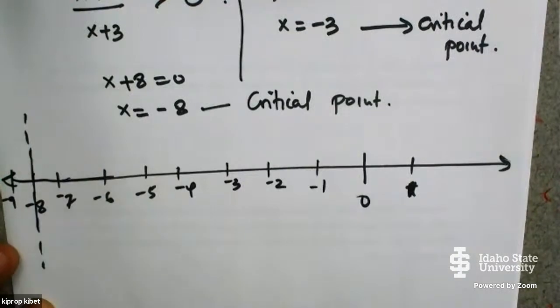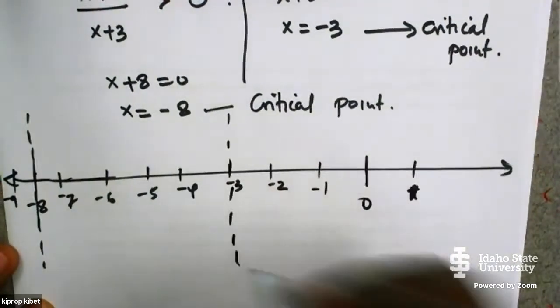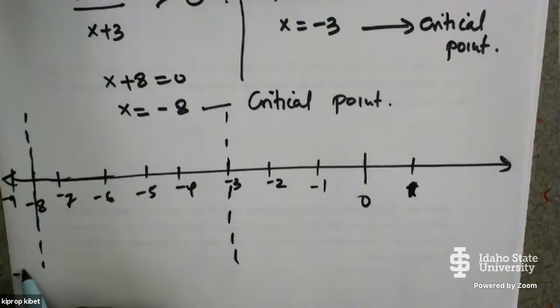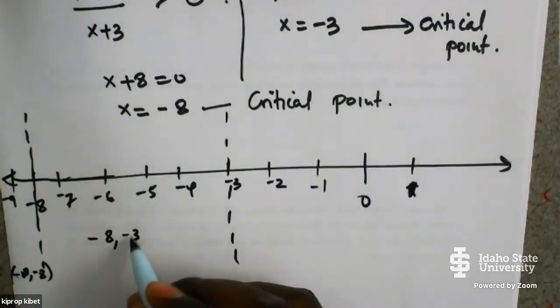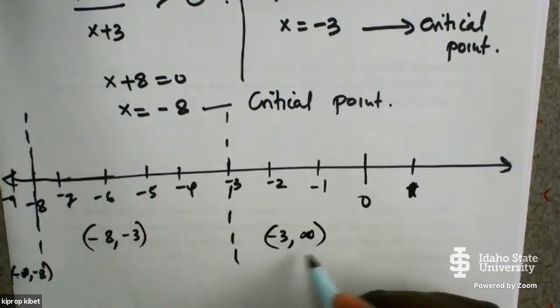So we have x equals negative 8 and x equals negative 3. Therefore the regions are negative infinity to negative 8, negative 8 to negative 3, and negative 3 to infinity.